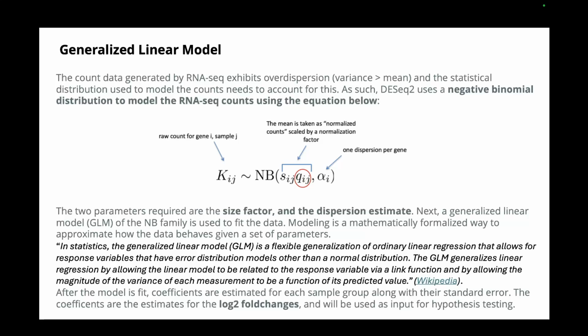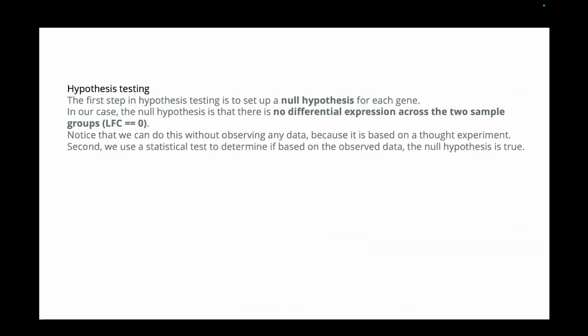The coefficients are the estimates for the log2 fold changes, which will be input for the hypothesis testing part: is the gene significantly upregulated or significantly downregulated? Before hypothesis testing, you need to generate the log fold change values, which is done through this generalized linear model with a negative binomial distribution. Right? Okay.